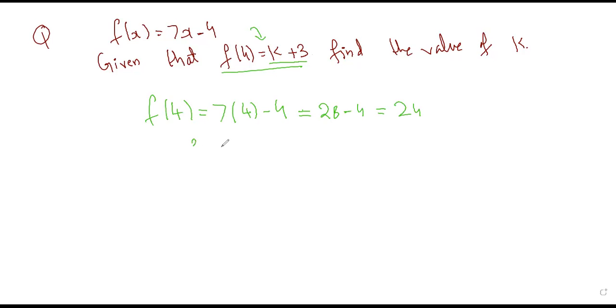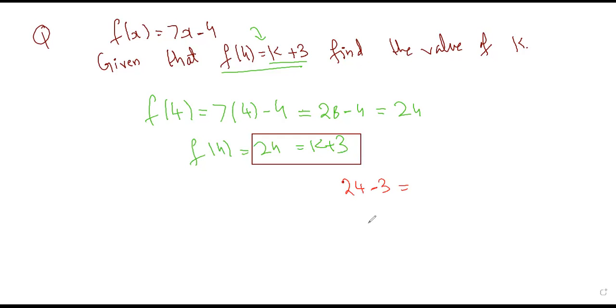So f of 4, that is 24, equals k plus 3. So what do we have? This is what we have. This is an equation with k as the only unknown variable. So we can easily find that. 24 minus 3 equals k. This means that k is 21. This is the answer, right?